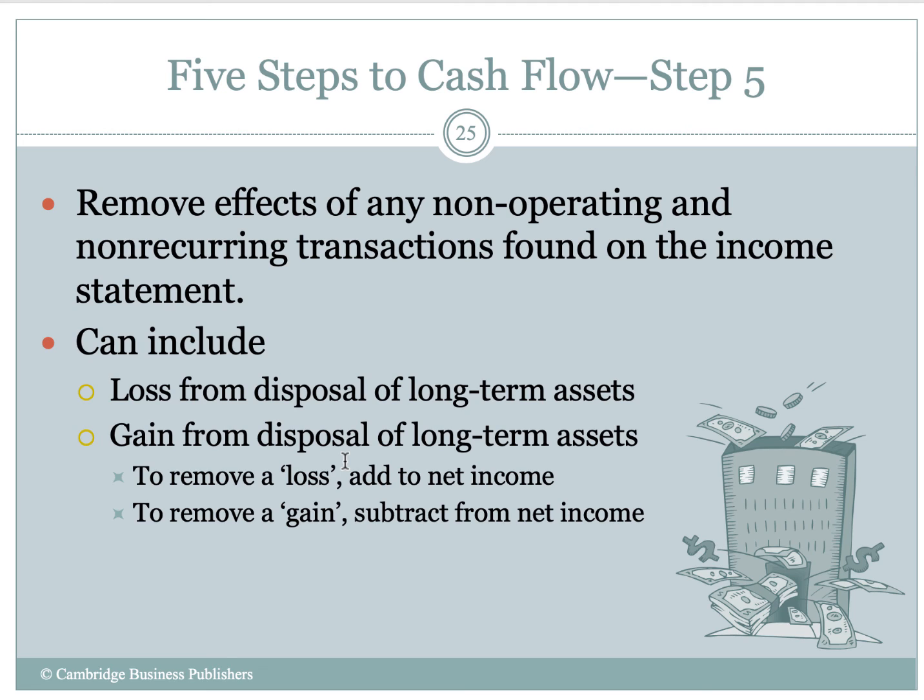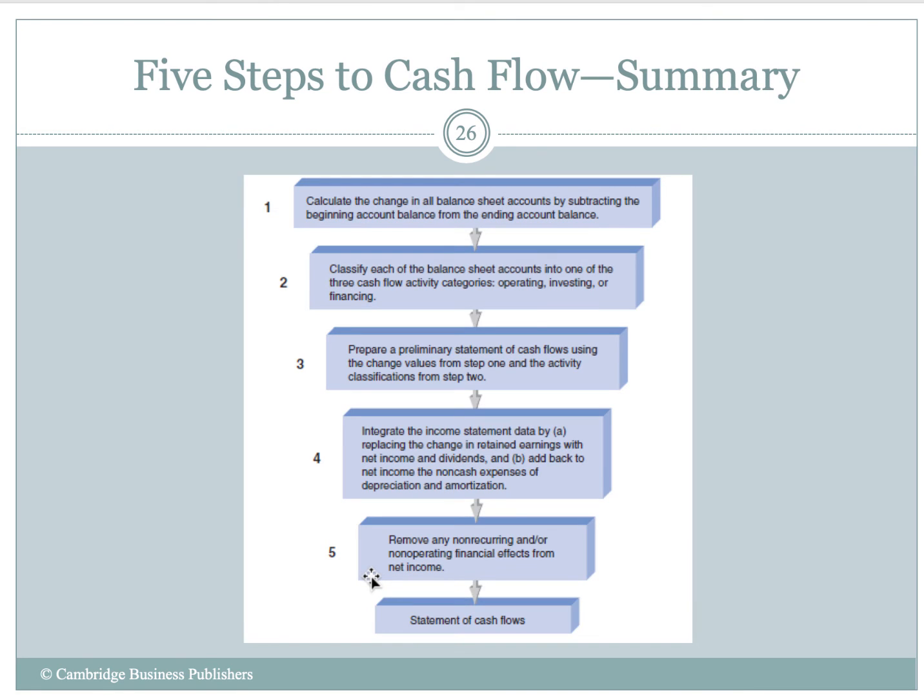Key step: you have to add any loss from disposal of equipment or long-term assets back to net income. We remove gains. How do we remove a gain? Subtract it from the net income. So this slide is really, really important, and I would definitely make sure you have these in your notes and understand how we get rid of those non-operating and non-recurring transactions.